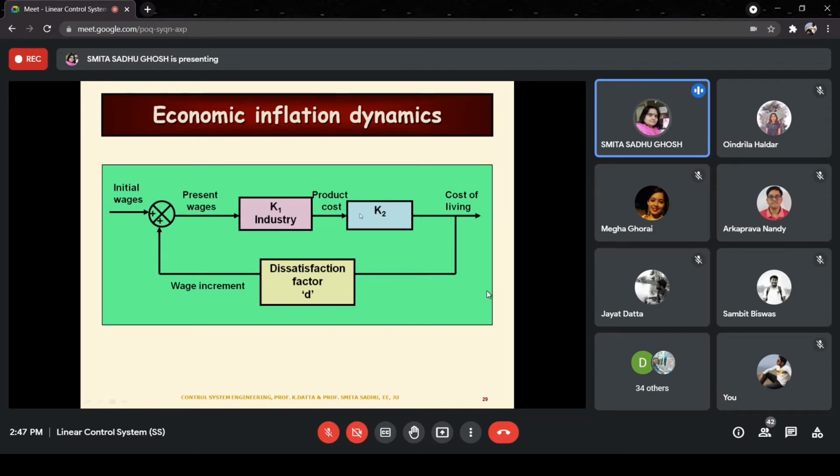Let us say there is a product which the industry is producing. If the product cost is somehow increased, I'll start from here. Of course, I'll describe the whole of the loop, but starting from here will help me a bit. If for some reason the cost of the product increases, and this is just a factor K2 written over here, say the workers who are working in the industry have to buy the same product.